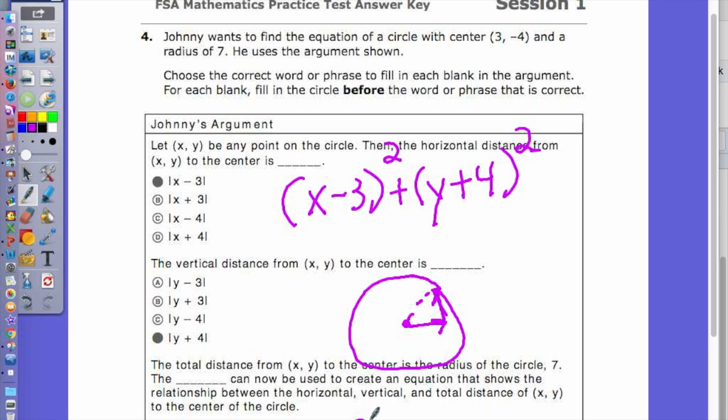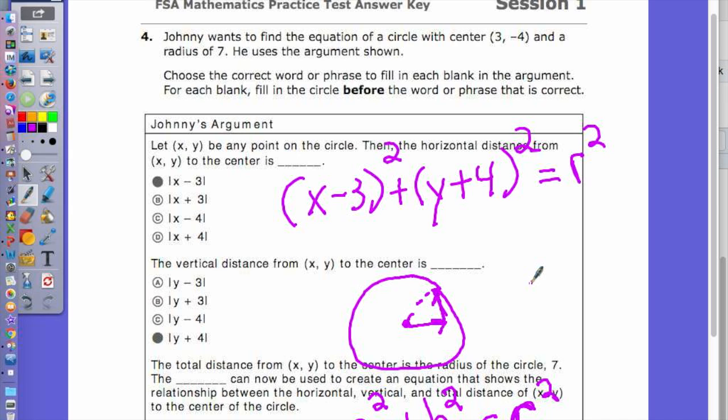So the horizontal distance squared plus the vertical distance squared equals the radius squared. This is the horizontal distance squared. This is the vertical distance squared. Right? This is the radius squared. That's what it is. It's why it works.